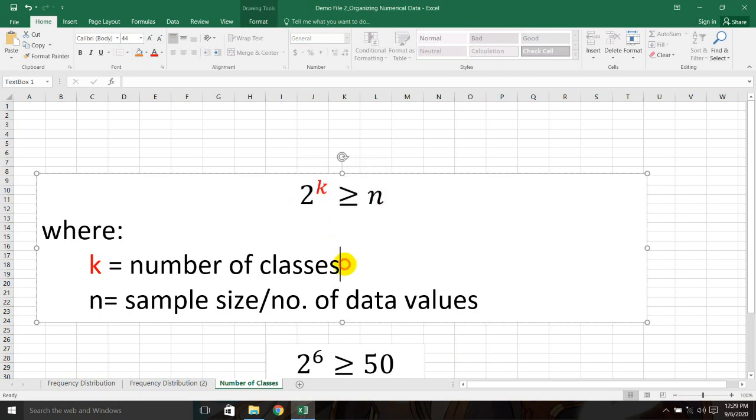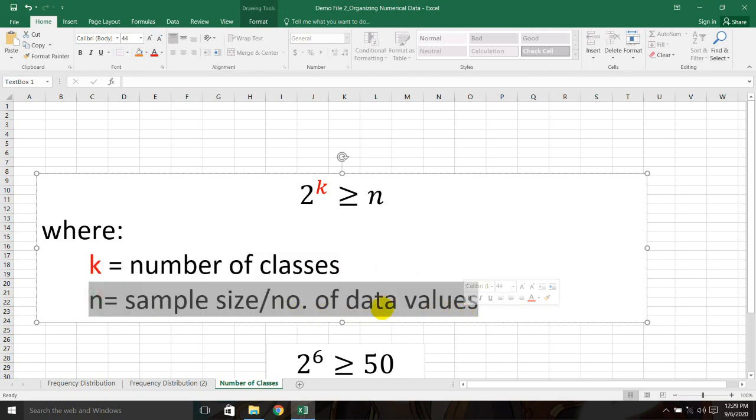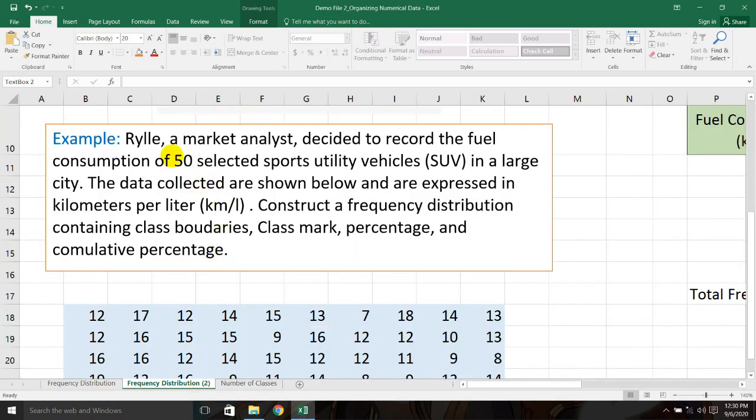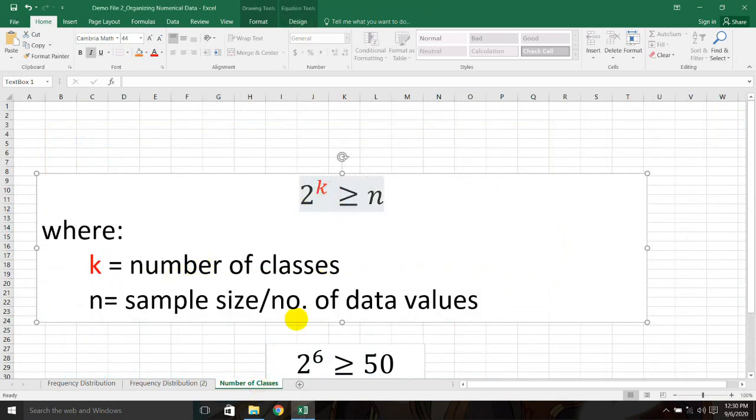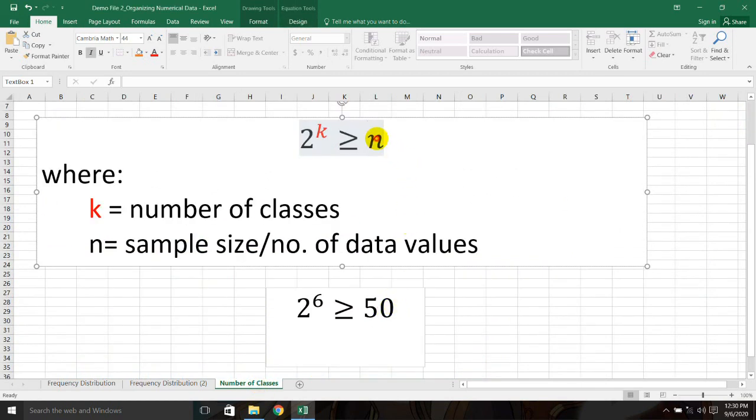Now, you can see here that what we need to identify is the number of classes, which is k. So all you need to do is to identify the sample size, or the number of data in the values. Here, we have 50 selected sports utility vehicles, so the value for n is 50.